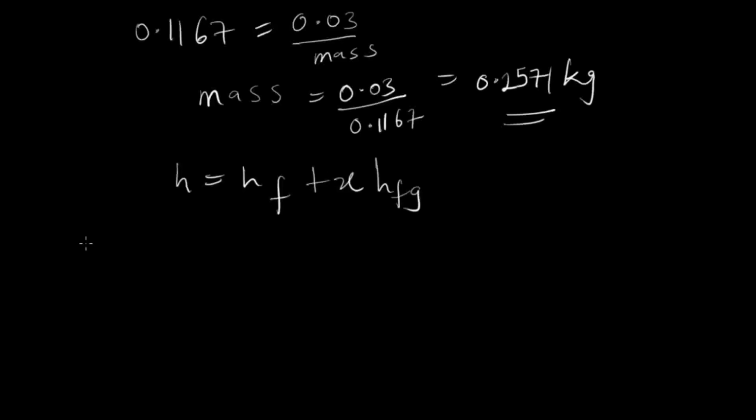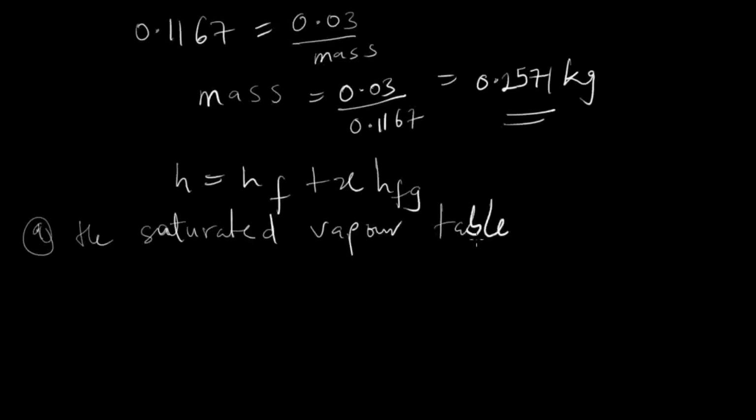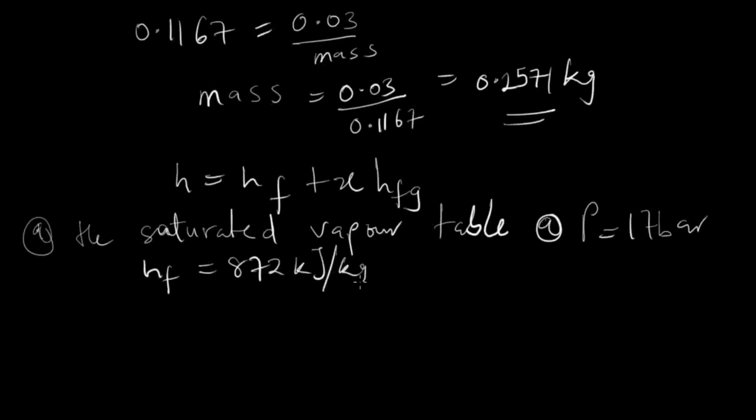Still at the saturated vapor table, if you open your steam table at P equals 17 bar, you will get that hf is equal to 872 kilojoule per kilogram, and hfg is equal to 1923 kilojoule per kilogram.